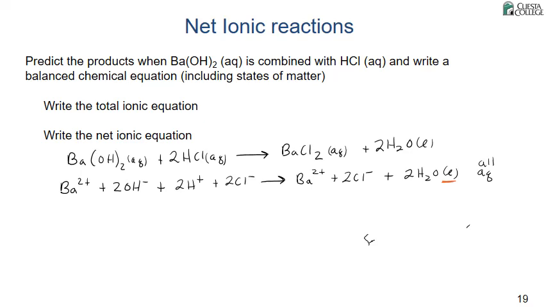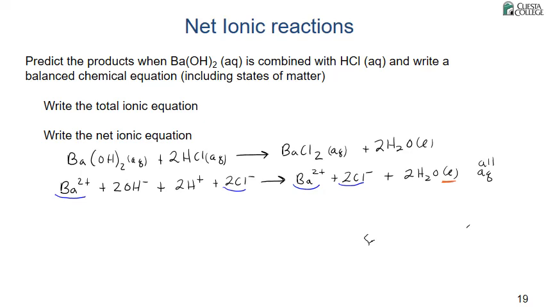The equation can now be evaluated for spectator ions. Looking at the equation, barium ions are the same in both the reactants and the products. So are chloride ions. They don't change. So these ions are considered spectator ions. The spectator ions can be canceled out, and what's left will be the net ionic equation.